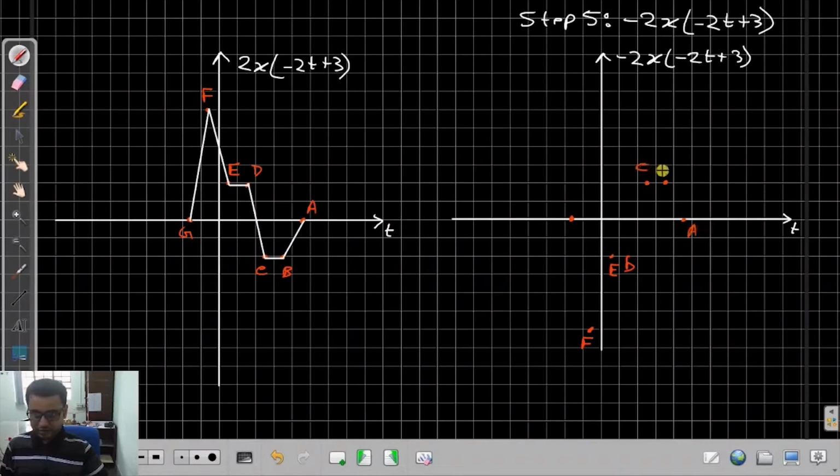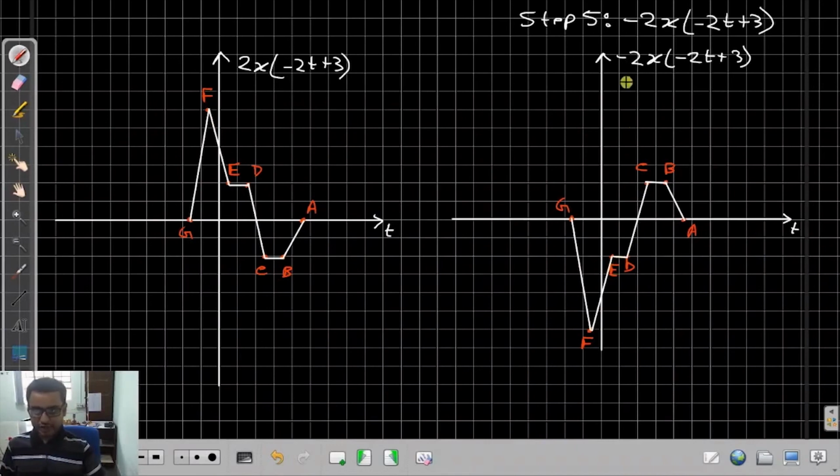A, C and B. Let me join. So I join these points, and you can see that this graph here is vertically flipped.